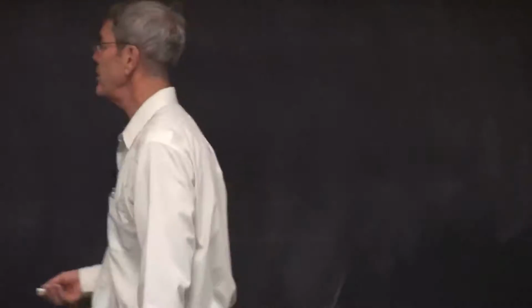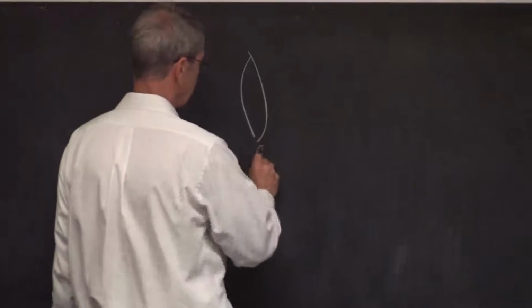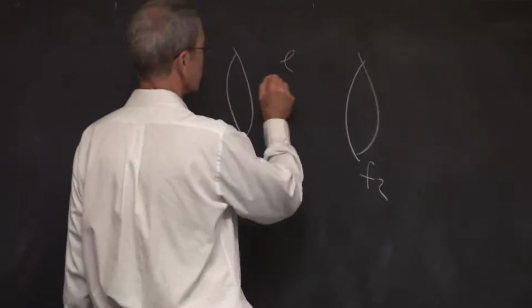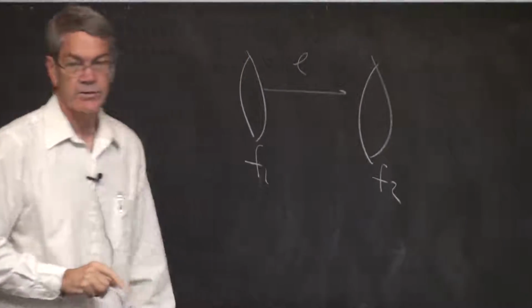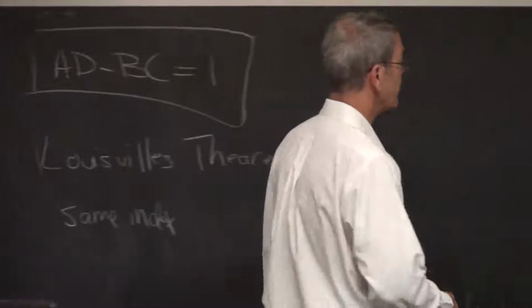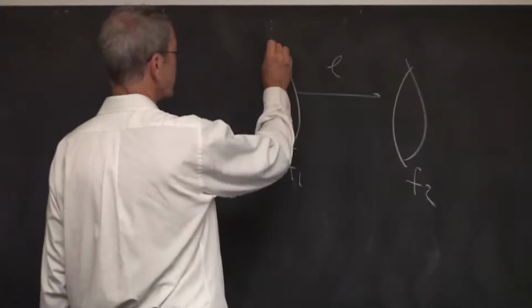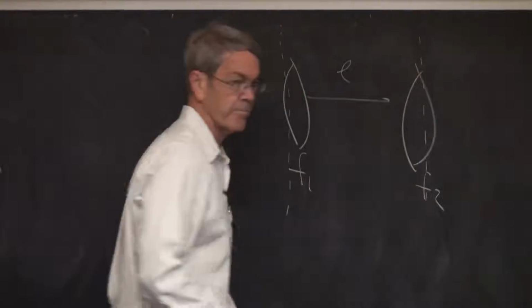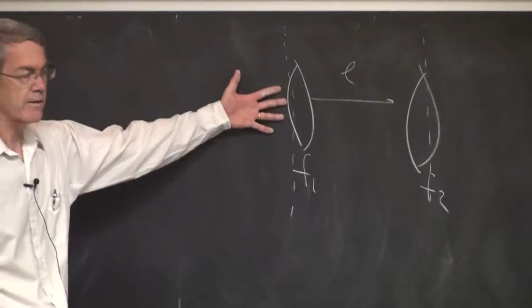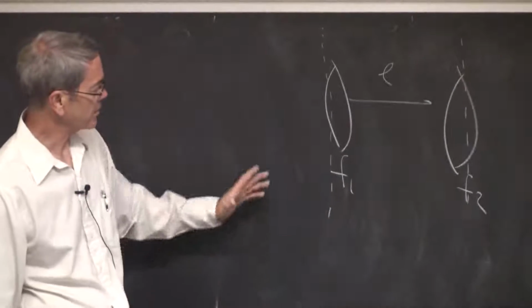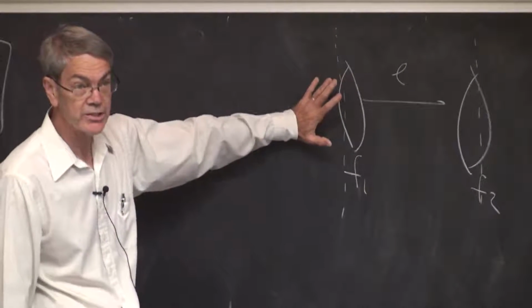The classic would be a lens system. I've got a compound lens. Here's f1, here's f2. I've got some distance between them. I'd like to know how this operates on rays. So what I'm going to do is define an ABCD matrix which takes me from this plane to this plane. Now whatever ray I have here, I can tell what it is over here. I build this by writing the ABCD matrix for each operation.